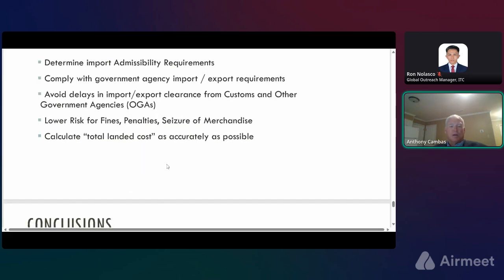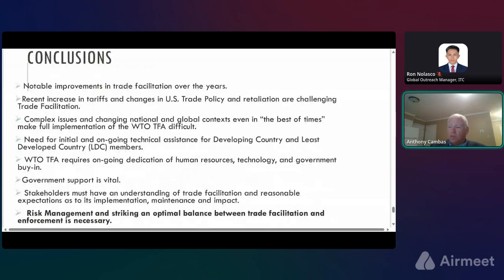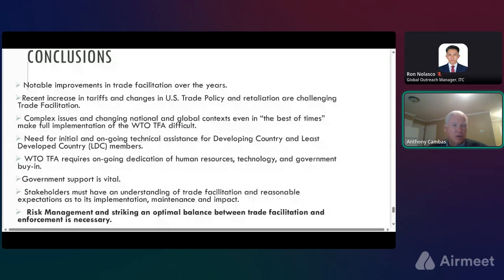So I think, and I'm just going to conclude and still have some minutes here for some questions. So my observations, I've seen notable improvements in trade facilitation over the years, both in the US and around the world. As I mentioned, I've probably had the good fortune on both short and long-term projects to work in around 20 countries in Africa, Asia, and Latin America.